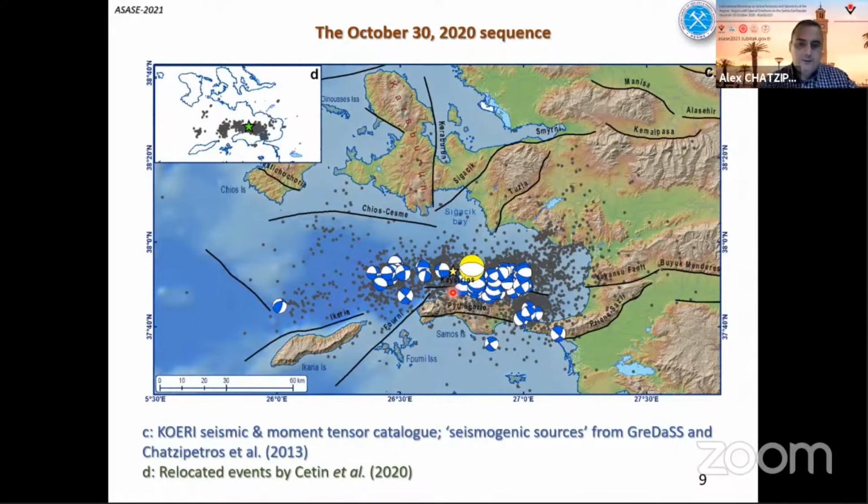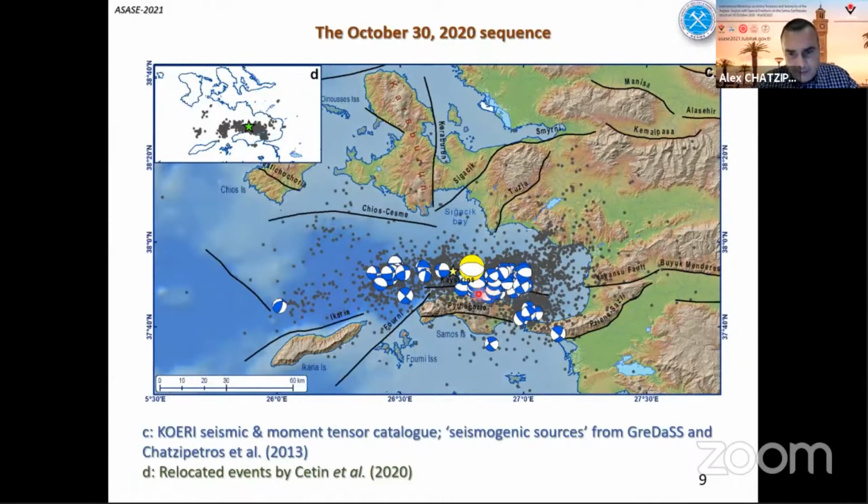If we look at the seismic sequence of the Samos earthquake, we can see that the epicenters are more or less located in an almost east-west direction, and this is in good agreement with the distribution and the location of the Kaystrios fault, which has been described in previous studies and is included in the Greek database of seismogenic sources.